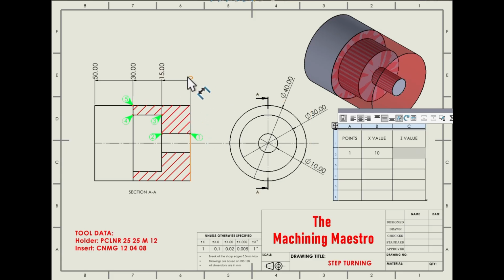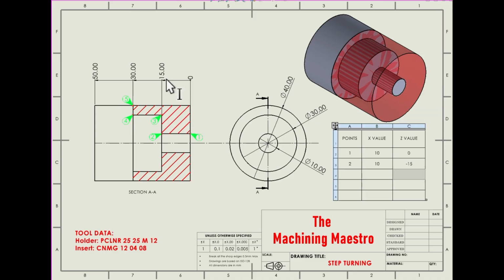The z value is 0 all the time over here, so put 0. Now coming to point number 2, the same diameter has been maintained till 2, so the diameter will remain 10 only. But the z value has been changed to 15 mm, so write down minus 15.